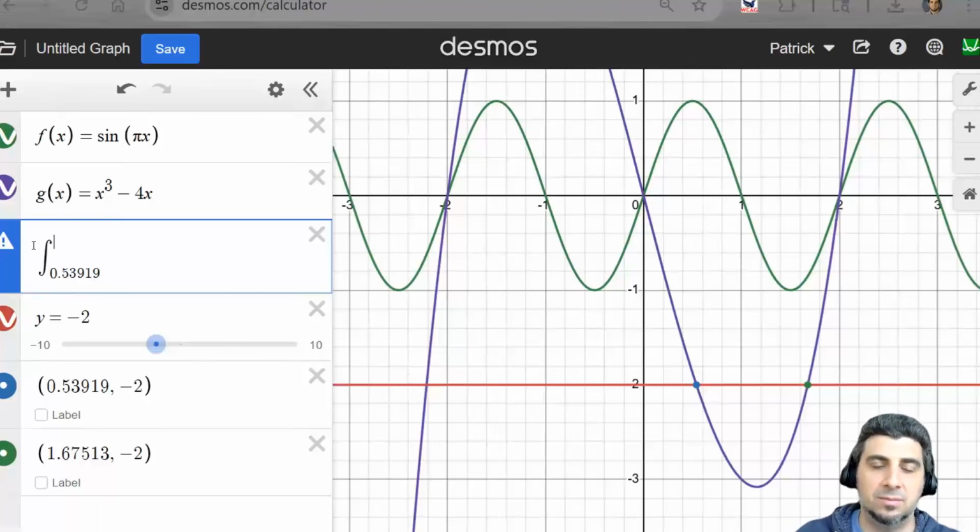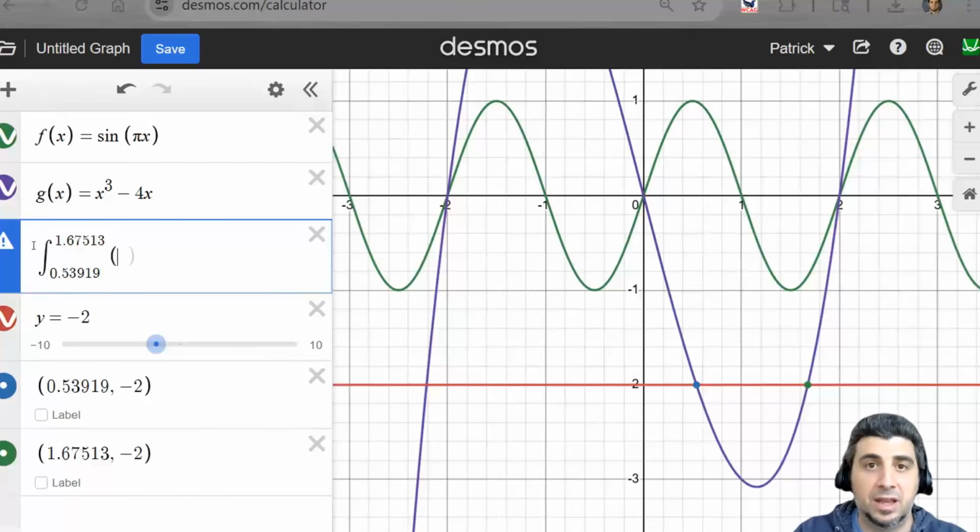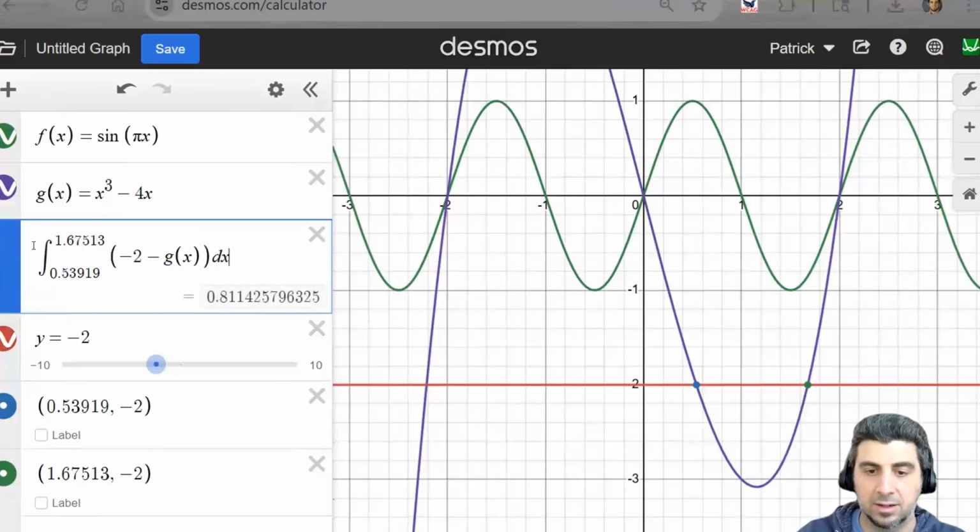But then if you're using them to get the value of the integral, you want to go out more than 3 decimal places so that there aren't any rounding errors in your final answer for the integral. So I always use as many that I can. Now for the integrand, if we're just getting area, it's going to be the top curve, which is -2, minus the bottom curve, which is g of x, and then dx. Now remember, you didn't have to evaluate this, but I was showing you here how to set up the integral.